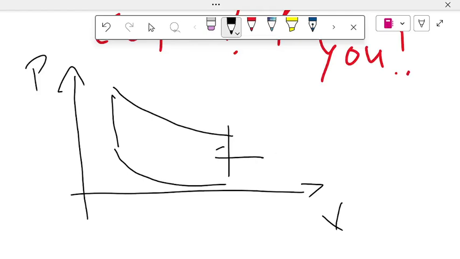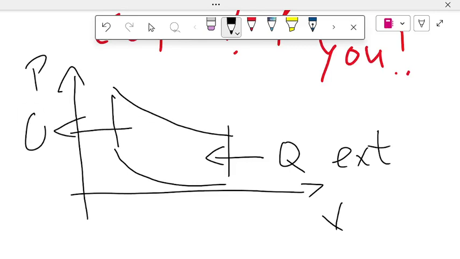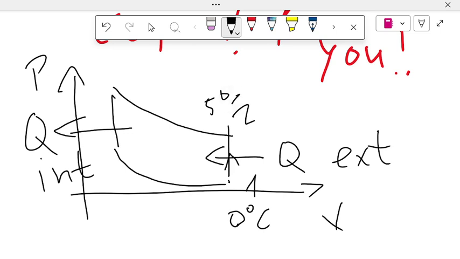Here I have heat in from outside, from the exterior, and here we have heat to the interior, the same amount of heat. Let's say here is 1, with an increase in temperature to 2. 1 means 0 degrees, 2 means 5 degrees Celsius. Here and here there is no exchange of heat.